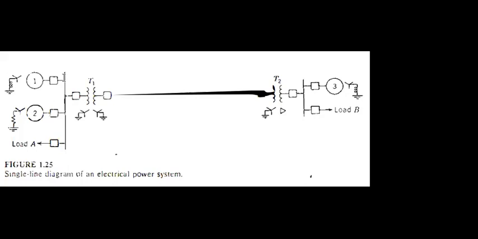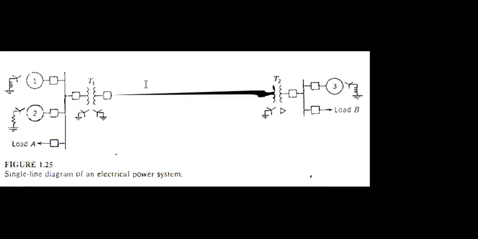What you have to do, on the left side you have the generator, and the generator has a connection to the ground. If we want to draw the equivalent circuit of the generator, we have to include one reactance or impedance attached to the generator in series, right?